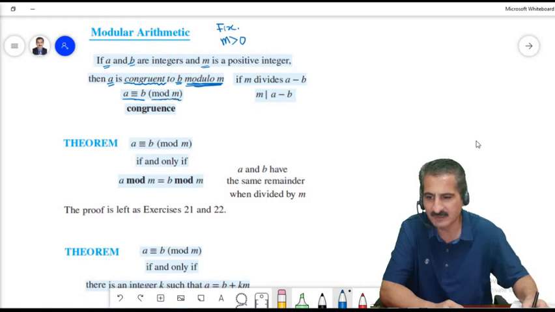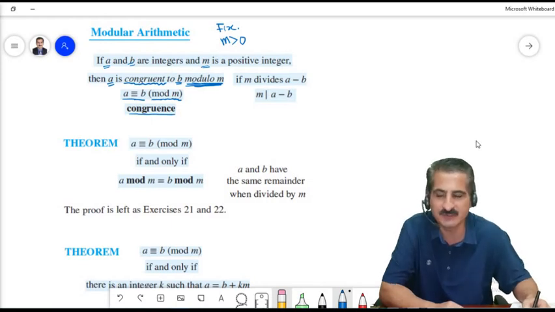This kind of equation is called a congruence.